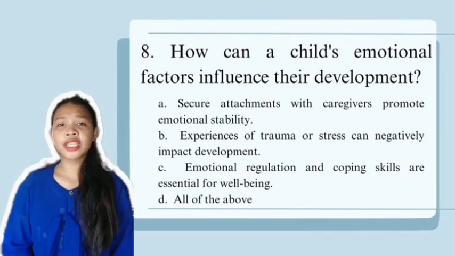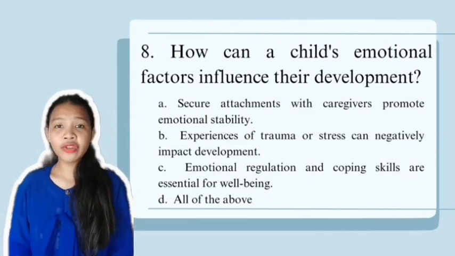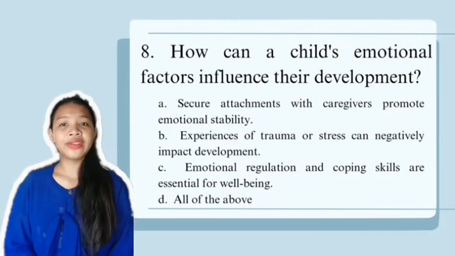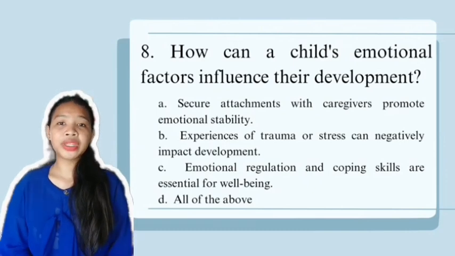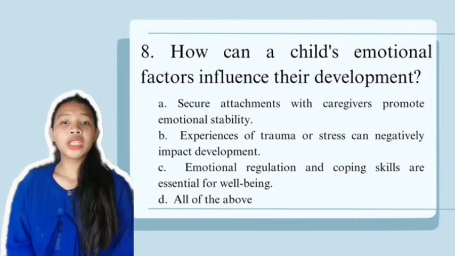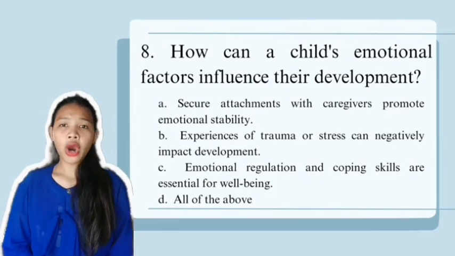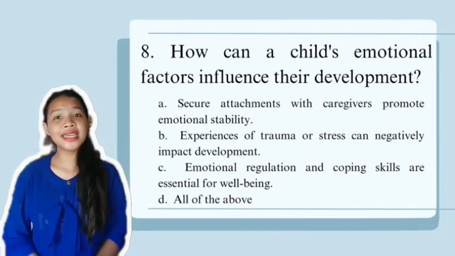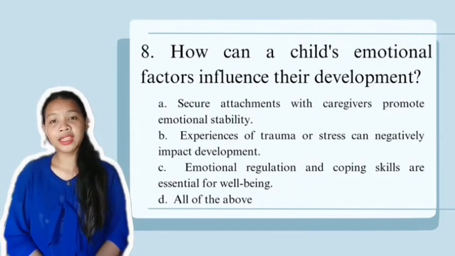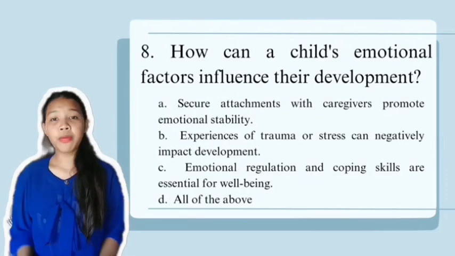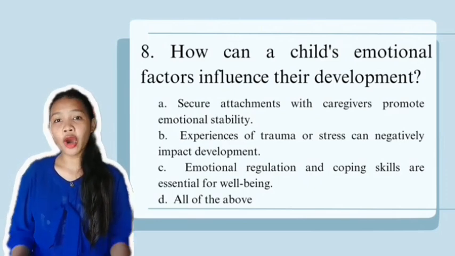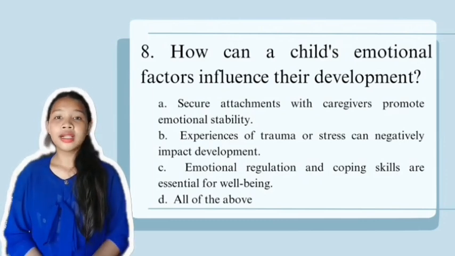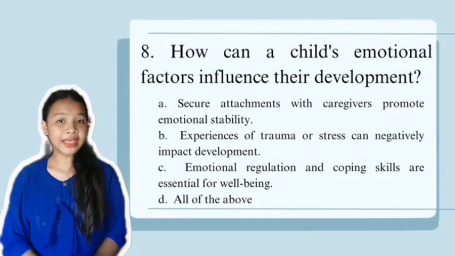How can a child's emotional factors influence their development? Letter A, secure attachment with caregivers promotes emotional stability. Or letter B, experiences of trauma or stress can negatively impact development. Or letter C, emotional regulation and coping skills are essential for well-being. Letter D, all of the above.